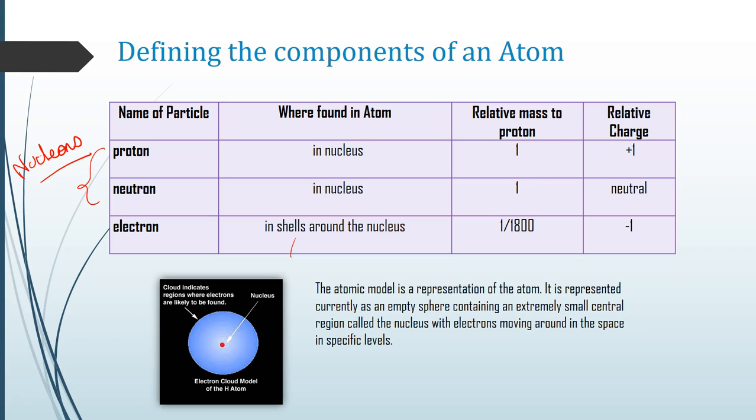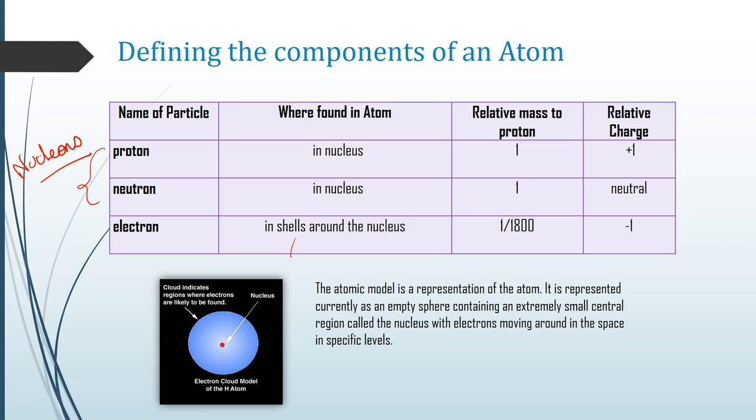What we're actually talking about is a cloud of probability in terms of quantum mechanics. There's an area around the nucleus where we can expect to find electrons with high probability. They pop in and pop out, moving through this depending on the energy that they have. We'll look at that more when we start to expand on electron configurations.